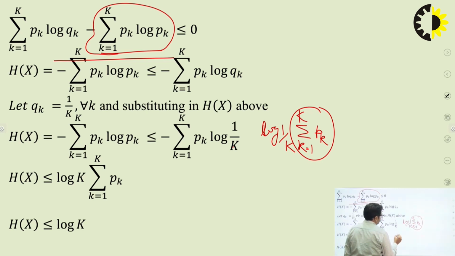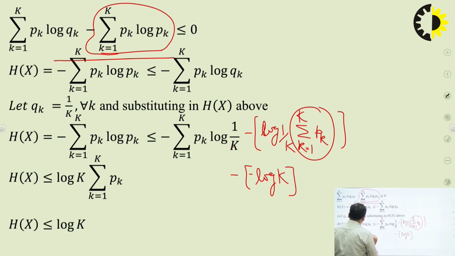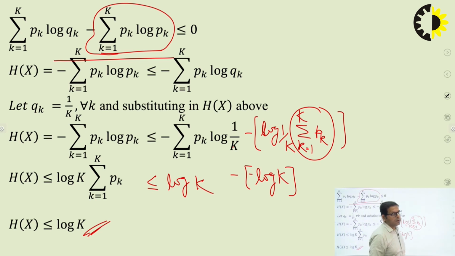So, we have minus of minus log k, and this quantity must be less than or equal to log k. So, we have proved that the entropy is bounded by the two limits 0 and log k when the symbols are equiprobable.